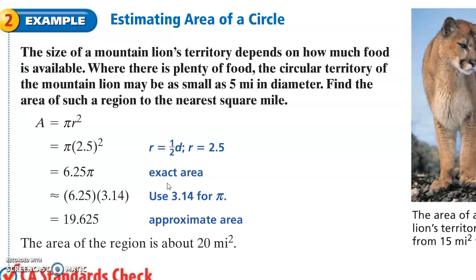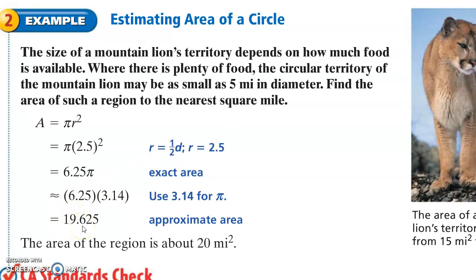But they want us to go ahead and estimate it and round to the nearest square mile. So one extra step, instead of just leaving it in terms of pi, we're going to multiply 3.14 times 6.25, because we can use calculators in this chapter, and we find out it's 19.625. The last part of the question says find the area to the nearest square mile. So they want you to round to the nearest whole number.